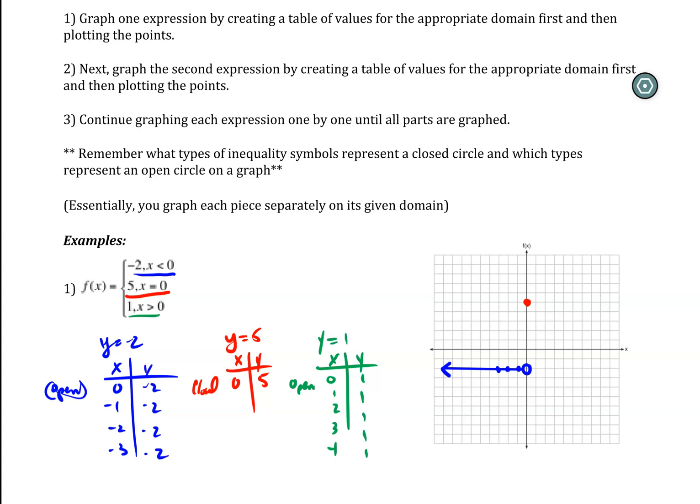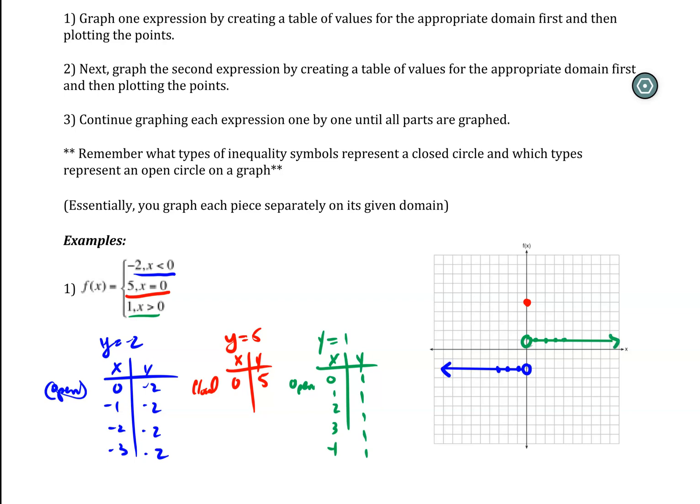So I go at 0, 1. Oops, that should be open. 0, 1. 1, 1, 2, 1, 3, 1, 4, 1, so on and so forth. And we'll connect that like so. Again, don't forget your arrow.